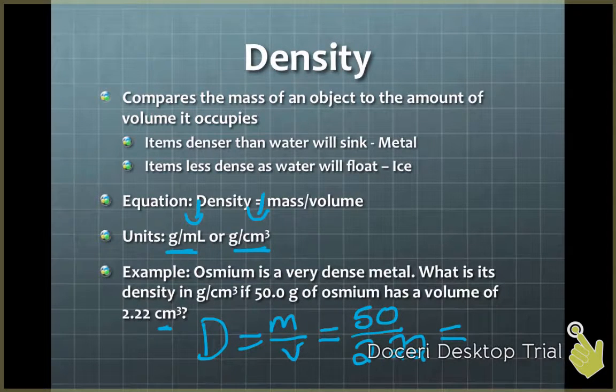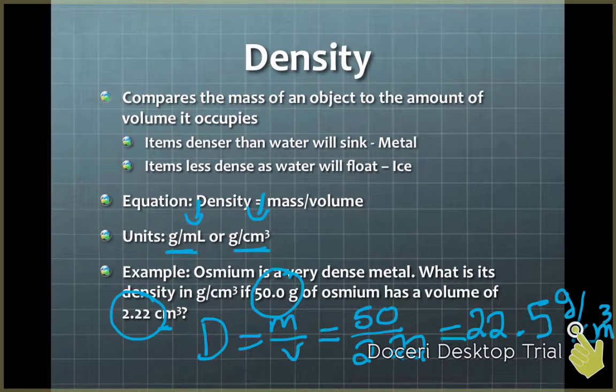So if we divide 50 by 2.22, we get 22.5225225, and so on and so forth. The calculator is giving me lots and lots of digits. This number has 3 significant figures, and this one has 3. When we're dividing, we have to go by the least number. Since they each have 3, I get to keep 3, so I'm only going to keep 1 decimal place. So 22.5 grams per centimeter cubed.